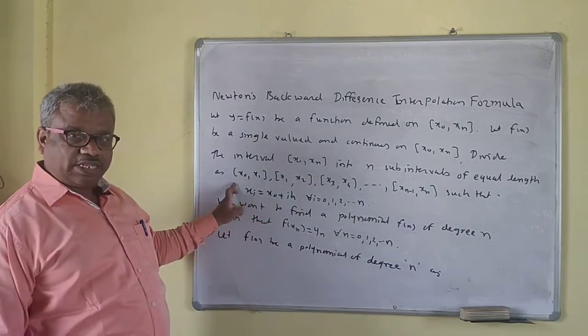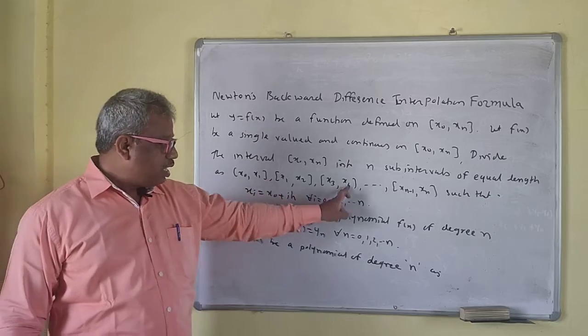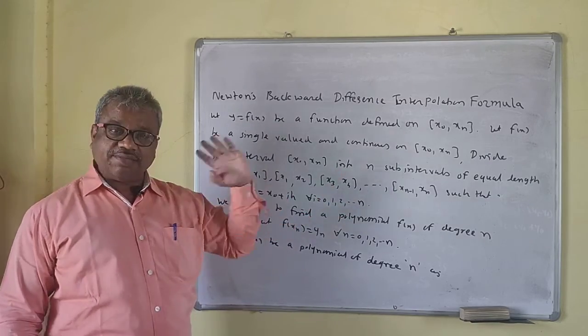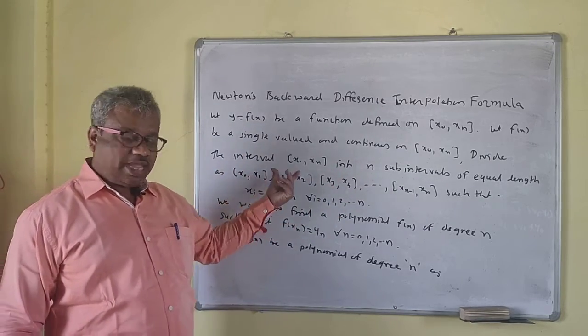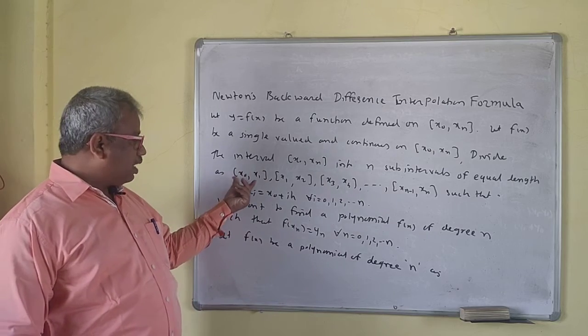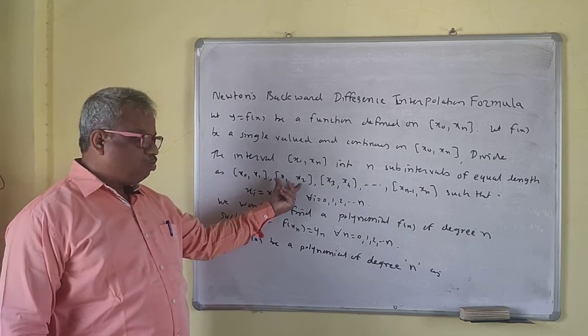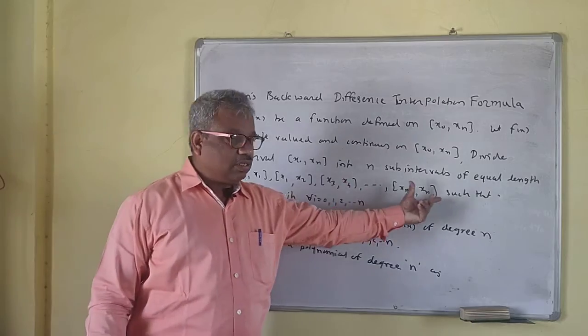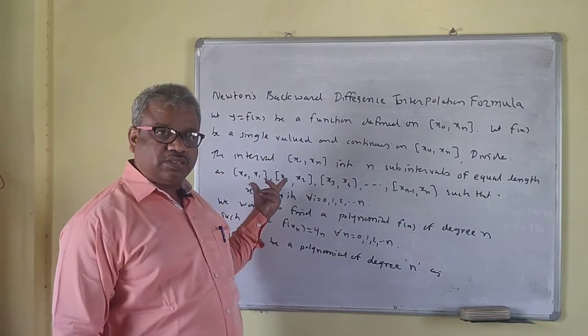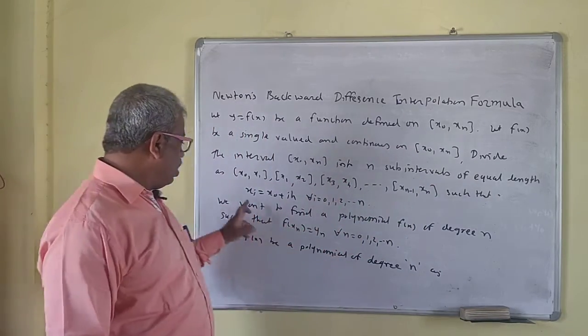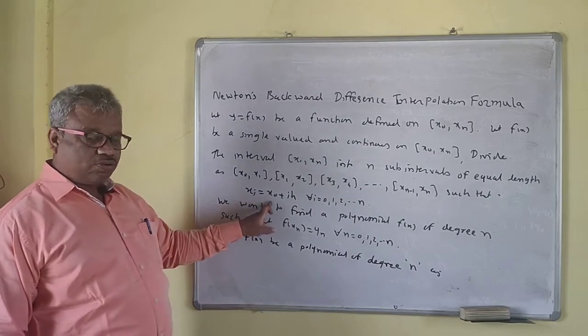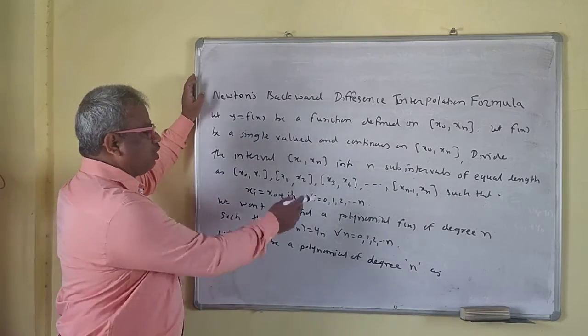That means x1 minus x0, x2 minus x1, x4 minus x3 are all the same. So the sub-intervals have equal length, and xi is equal to x0 plus i h, where i is 0 to n.